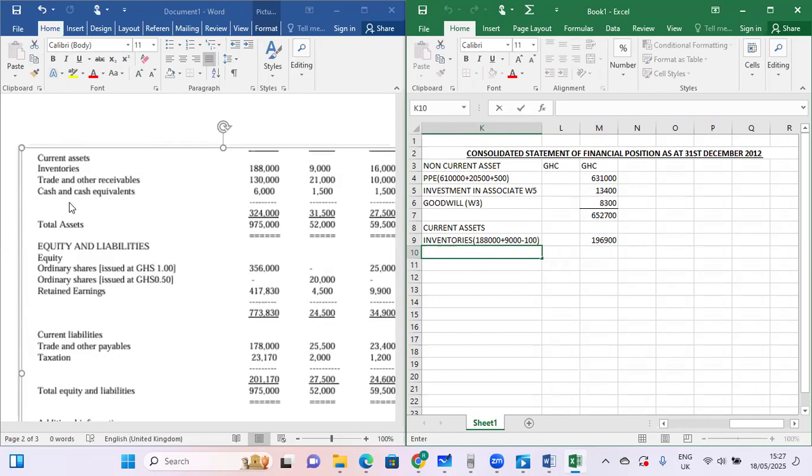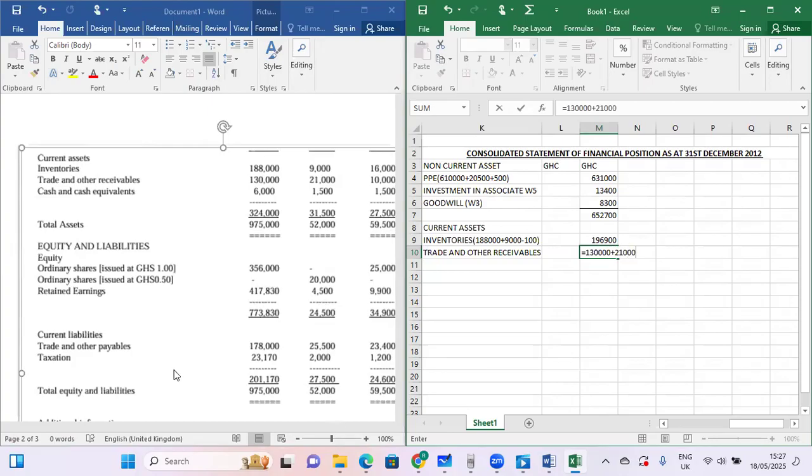Now we move on to trade and other receivables. The trade and other receivables is going to be this plus this, so 130,000 plus 21.